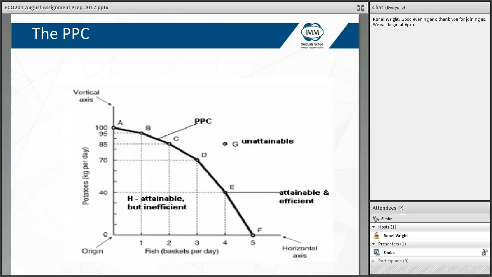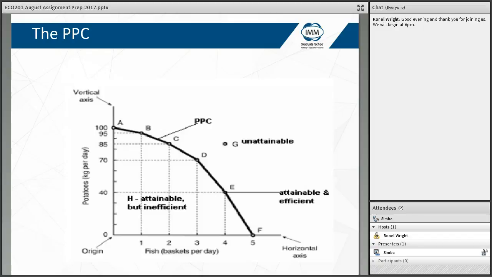We can use the PPC to look at our three central economic concepts, which are scarcity, choice, and opportunity cost. Point G illustrates scarcity because our resources will not allow us to reach that point. Opportunity cost can also be illustrated on the PPC by moving from one point to the other.